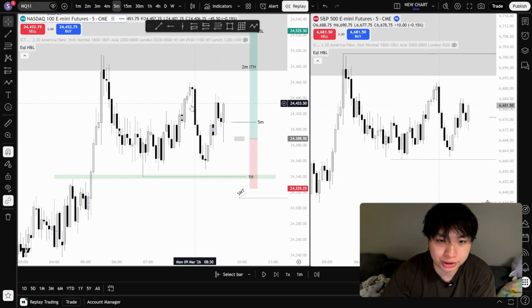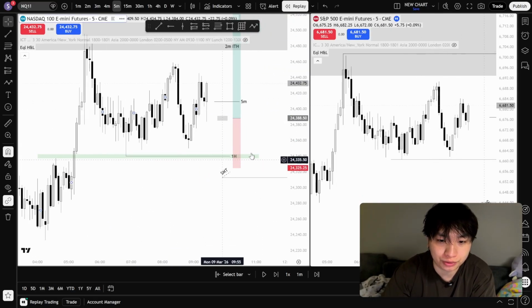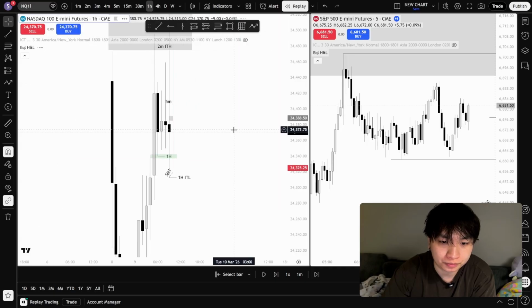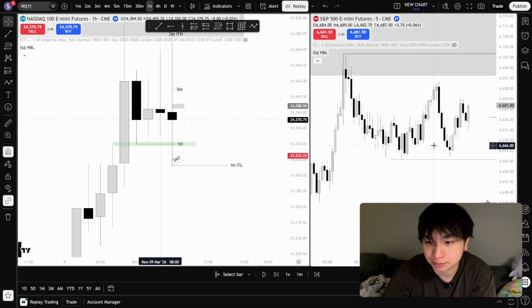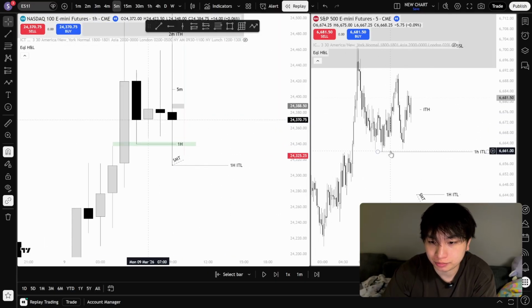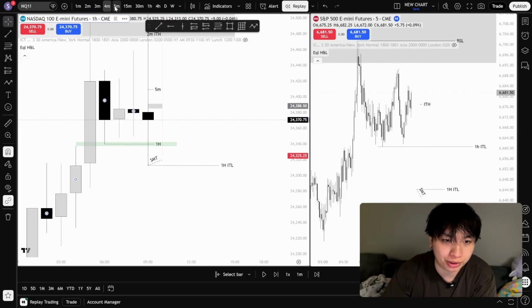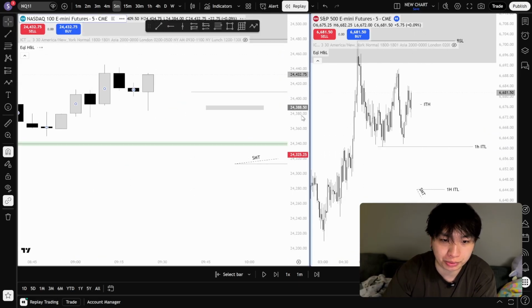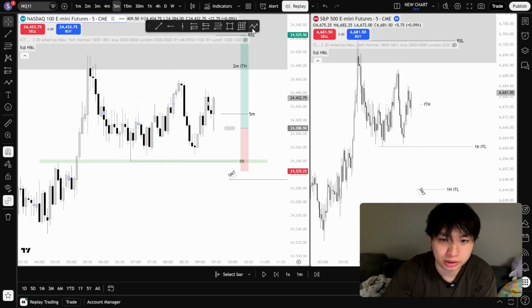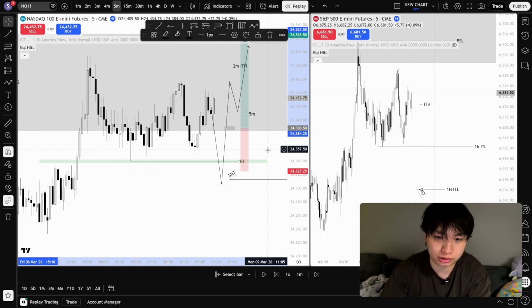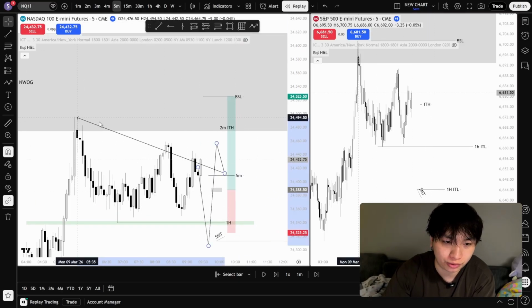What is our foundation? Well, we have this hourly unfilled gap below right here. We do have an SMT with ES, because ES already managed to tap into this hourly gap. So either way, I wanted to see some kind of sweep lower, manipulation lower, taking out all of the strong liquidity, and then continuation higher towards hopefully this buy side liquidity right here.